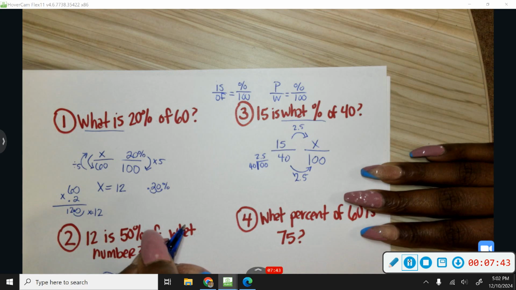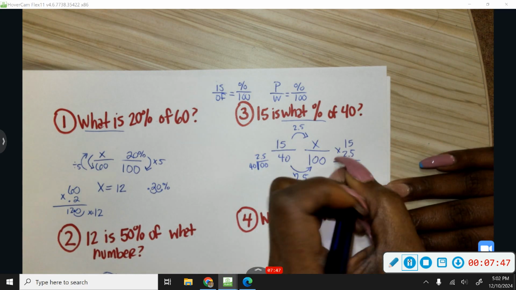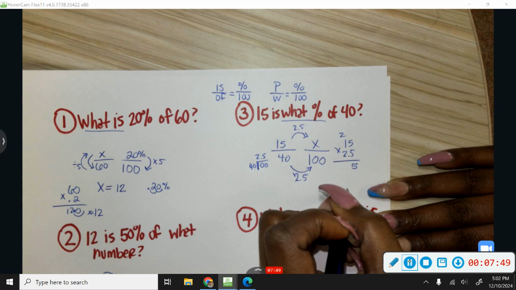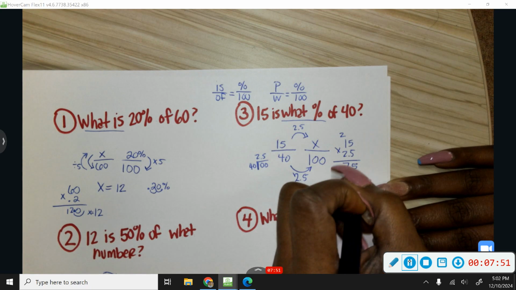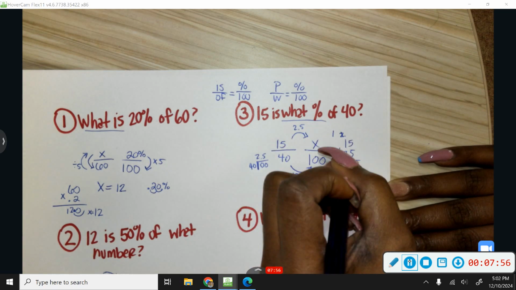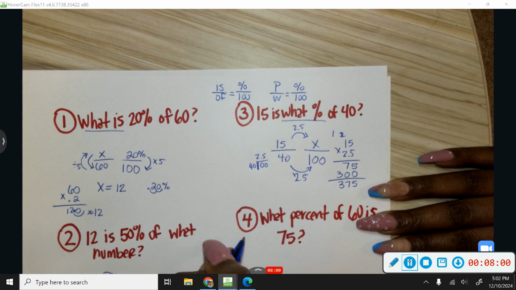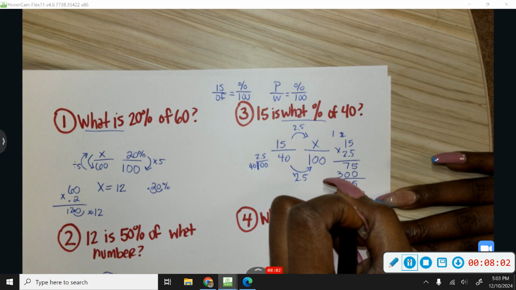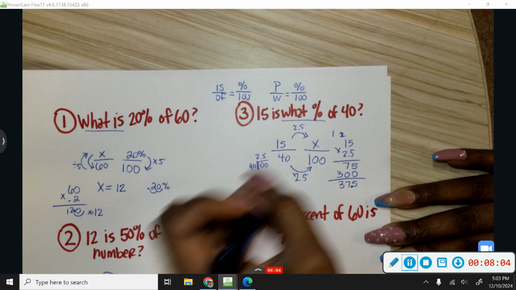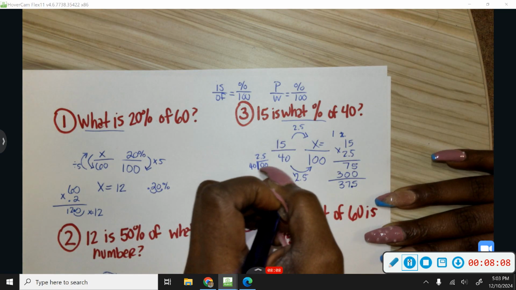So I would go 15 times 2.5. That's 25. Bring up my 2. 5, 6, 7, 0, 10, 2, 3. And then I'm going to move my decimal spot 1 time. So in this case, we know my percent is 37.5%.